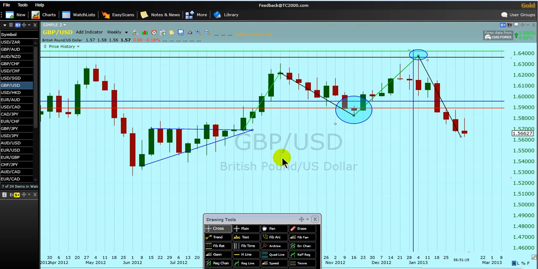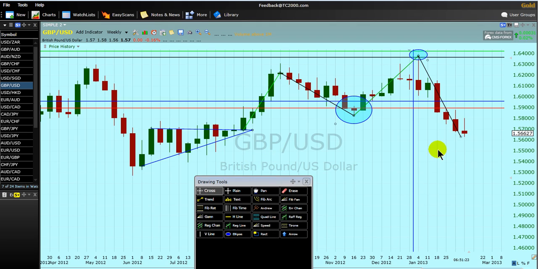I will say to you, the first target for the C corrective wave in the expanded flat correction is in a zone of 1.7 percent Fibonacci extension to the downside for the impulsive wave from here to here. You see, this is the starting point. This is the wave that is corrected.